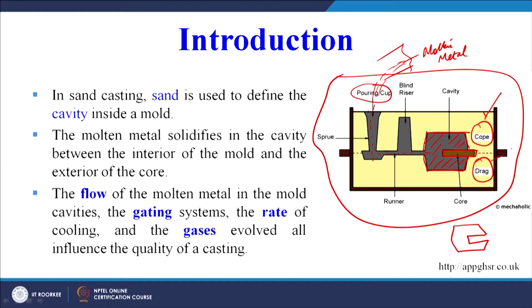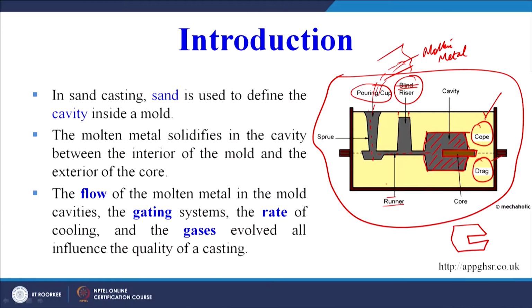So there is a cope, there is a drag, then there is a pouring basin through which the metal is poured into the mold box or the molding box. There is a sprue, runner, and this is the riser. It is called blind because it is not open to the atmosphere or open to the environment. If this had gone to the top surface of the molding sand, we could have cut this word blind, then it would have been an open riser. So, this is basically a casting setup.